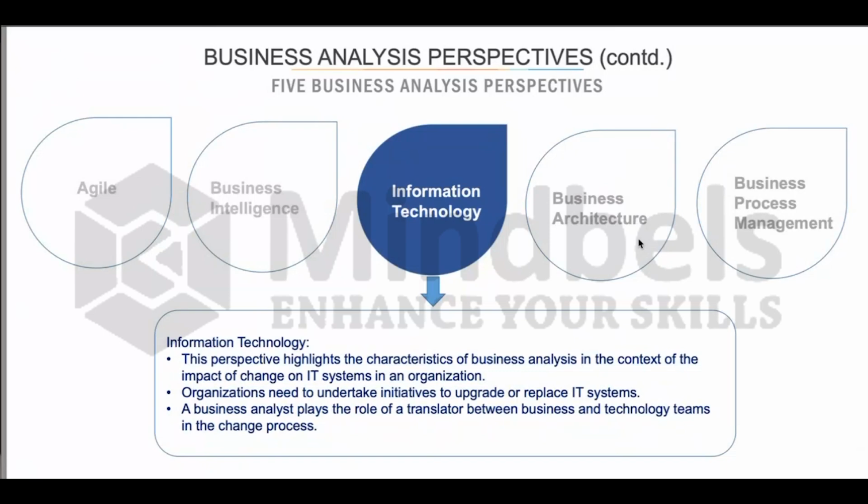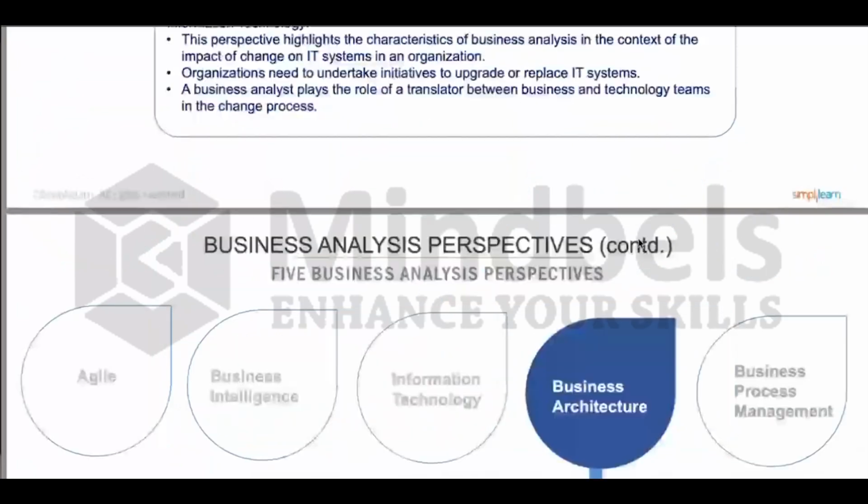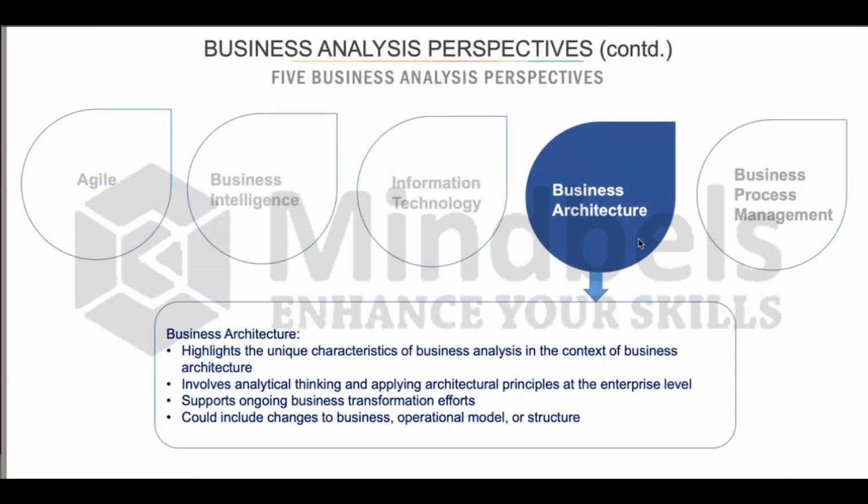It should all be kept in mind, because if we are dealing with a company and helping them serve the purpose of a BA, we also have to look into their IT technology. How up to date are their systems? Do they have the right technology, the right tools, the right resources? Are they compliant or non-compliant? All of this is looked into when you're doing a BA role.